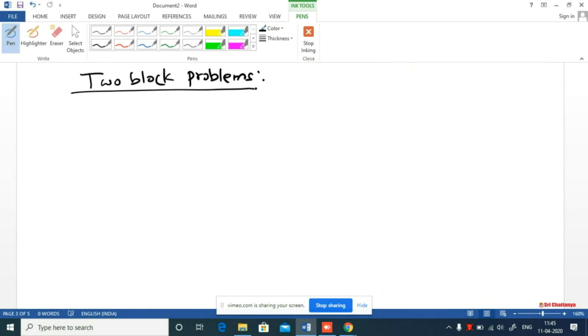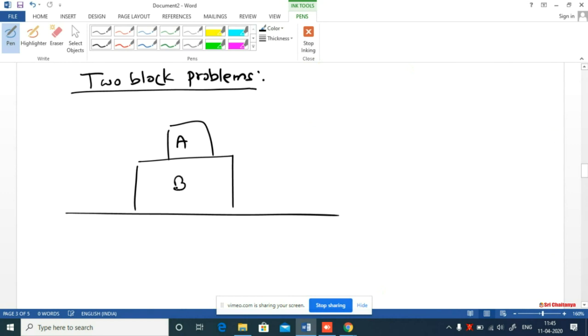So in two block problems, now it is A and B, right? I'll continue with the same data. This is 5 kg, and I think B is 10 kg, and let us say the coefficient of friction here is mu equal to 0.5, and the coefficient of friction here, I'm just doing an example, mu equal to 0.1, and there are some forces acting on them.